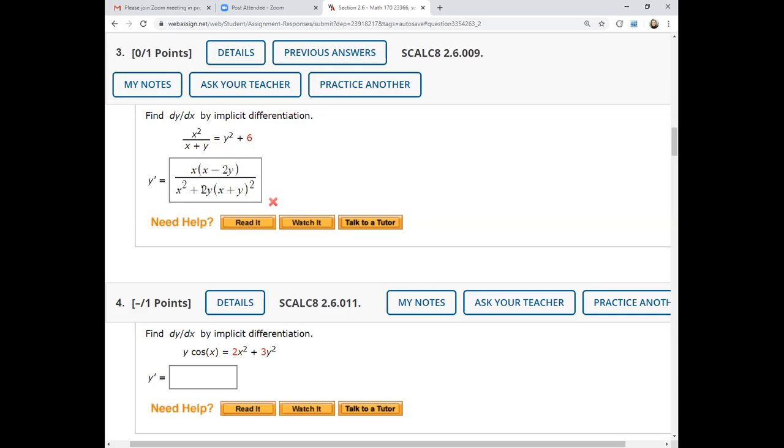So we have 2x, and then I have the product rule, so I have minus. Okay, so first function is 2x times dy dx plus the second function y.